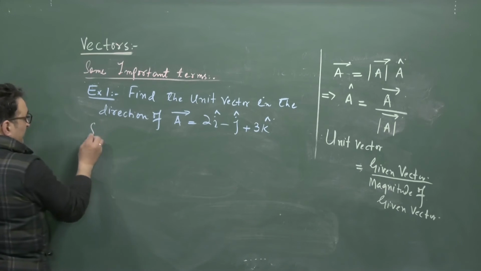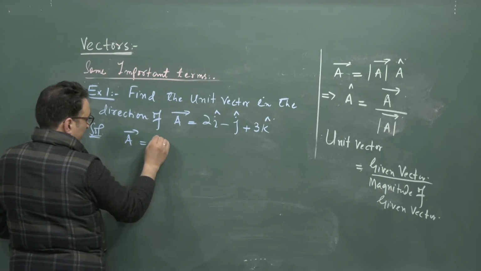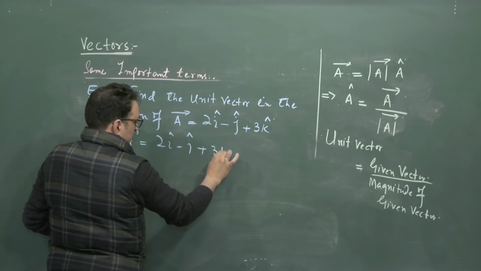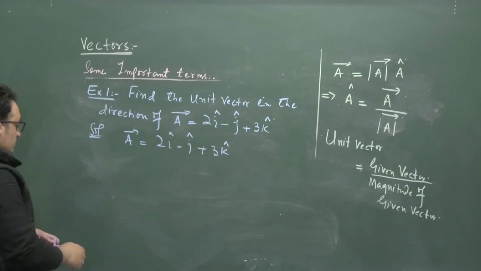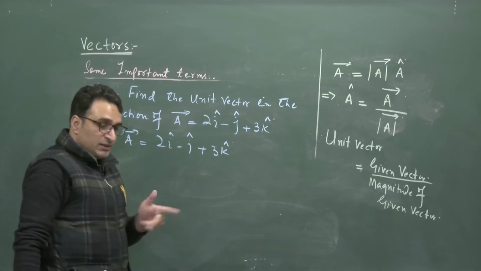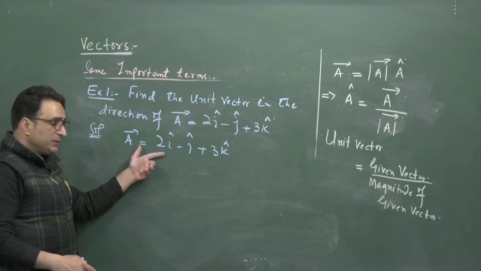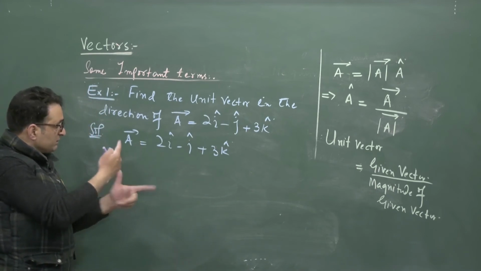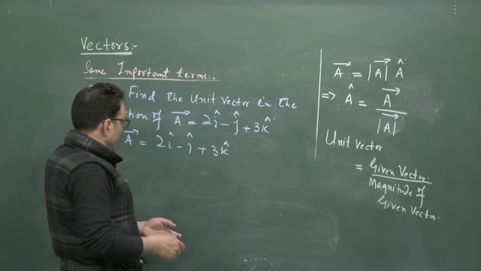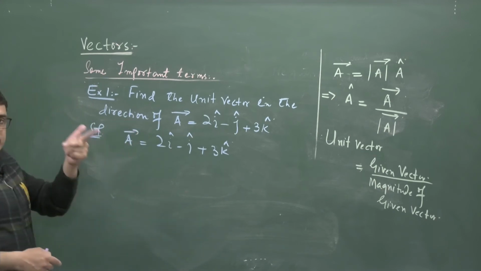Now let me evaluate this question. I will simply write A equals 2i cap minus j cap plus 3k cap. As is obvious from this equation, this vector A has three components: x component, which is 2i, y component, which is minus j, and z component, which is 3k.